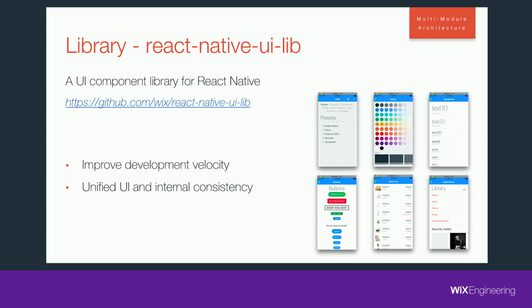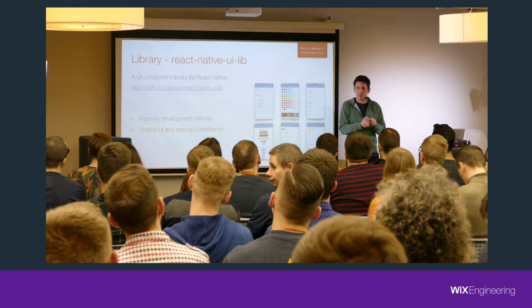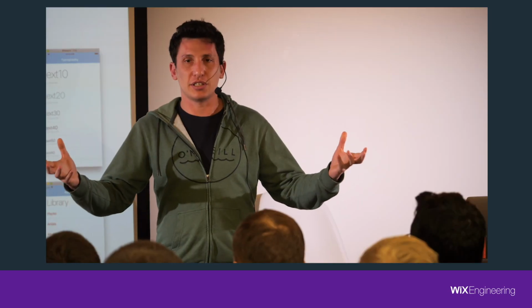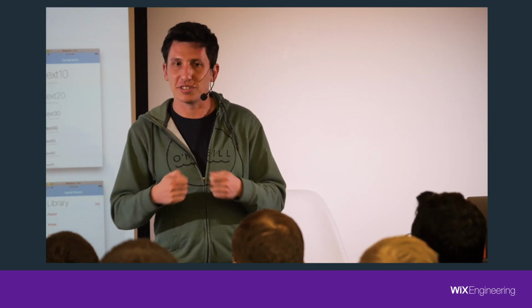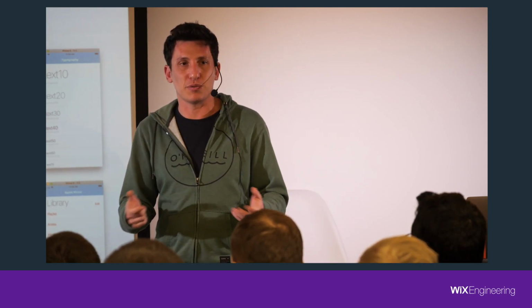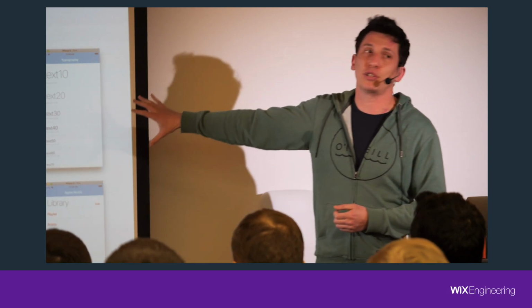We have an expert team doing that. The second reason is the quality of the application. We don't want two teams to develop two different buttons. We want internal consistency, so that all the buttons in the application look the same, with the same UI guidelines. So we have special teams that are responsible for this library.